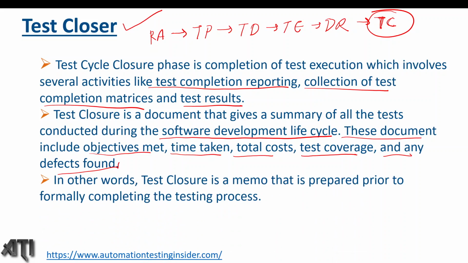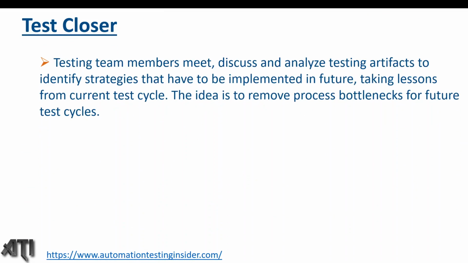In other words, test closure is a memo that is prepared prior to formally completing the testing process. Testing team members meet, discuss, and analyze testing artifacts to identify strategies that have to be implemented in future.